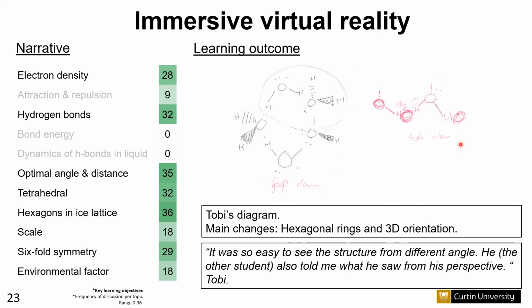So the 3D elements are captured by the students. What he said is, it was so easy to see the structure from different angles, so different perspectives. And the other students also told me what he saw from his perspective, so different perspective literally. And these are other learning objectives they covered.